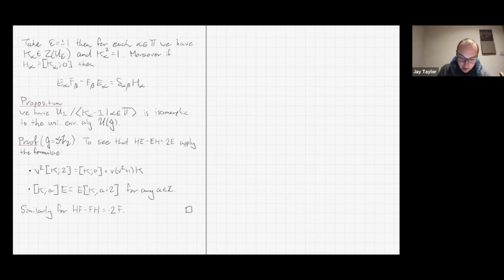Okay, so we're going to be interested in the center of this specialized algebra. Let me try to make a remark. So first of all, the initial relations are already written. So k alpha squared is equal to 1, then k alpha is central. And what we'll see is that we need to mod out by this relation, which is the same kind of annoyance as what we had when we needed to restrict to type 1 representations.